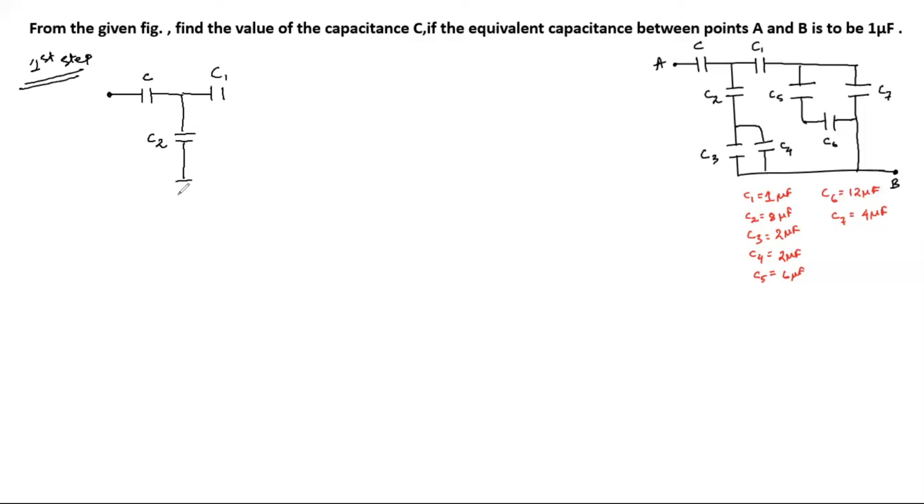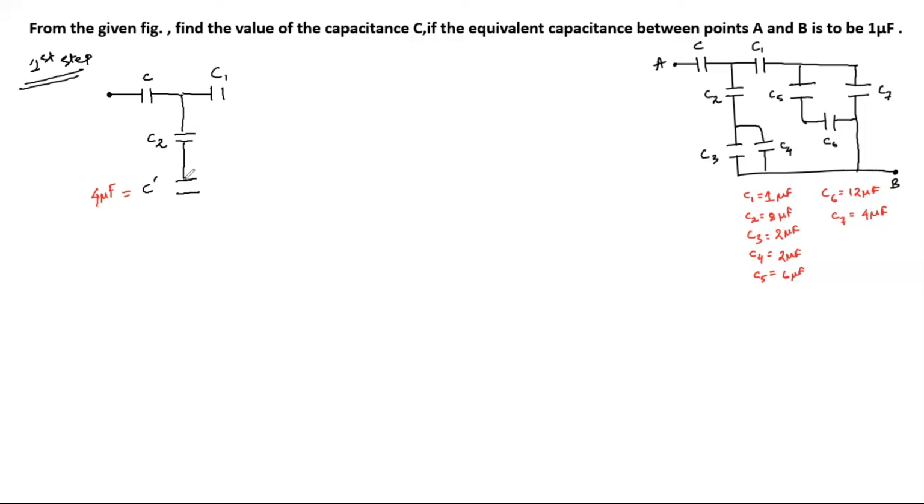So we are going to draw an equivalent capacitance, let's say C dash. Now if you see the data given here, C3 is 2 microfarad and C4 is again 2 microfarad. So if you use the formula, this C dash will be nothing but 4 microfarad. Okay.